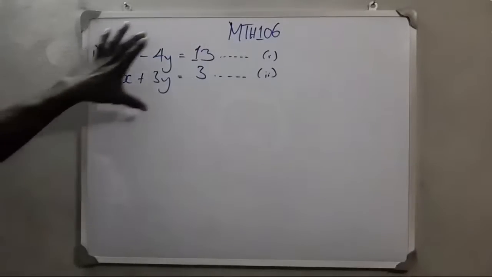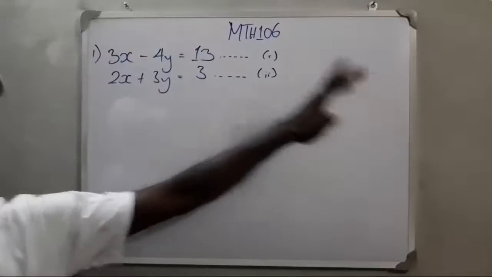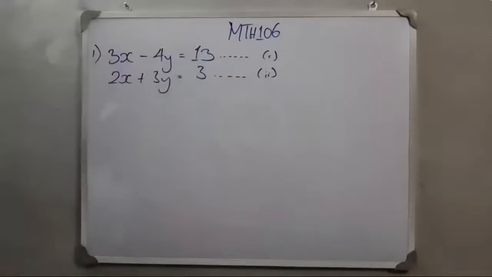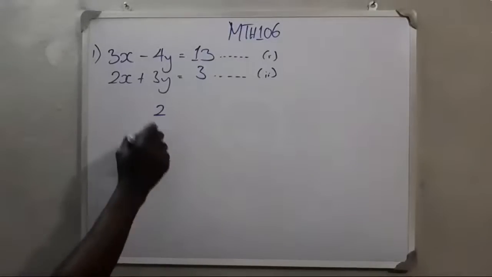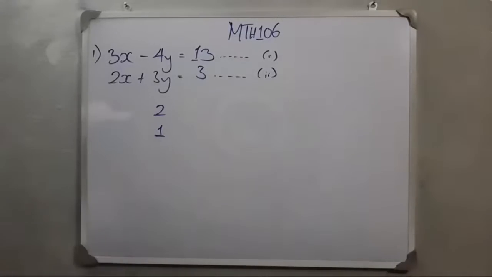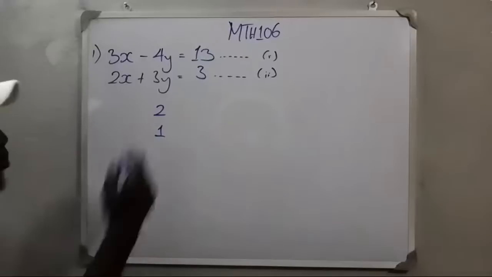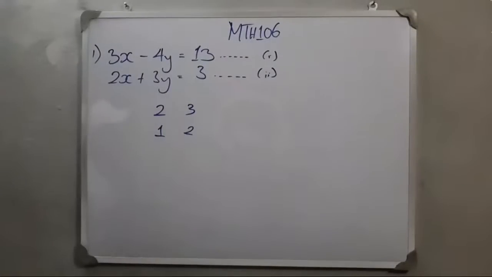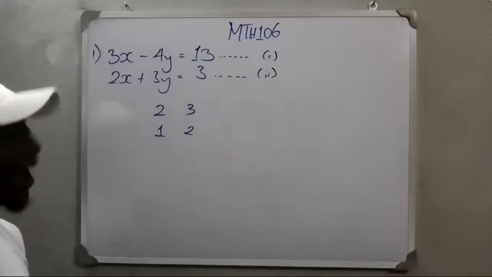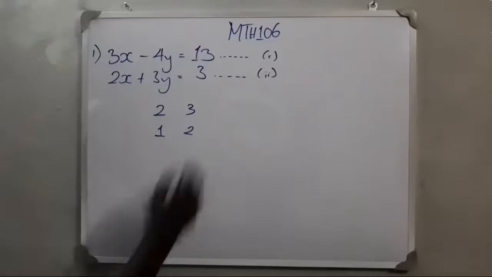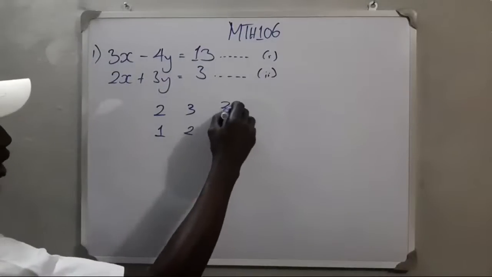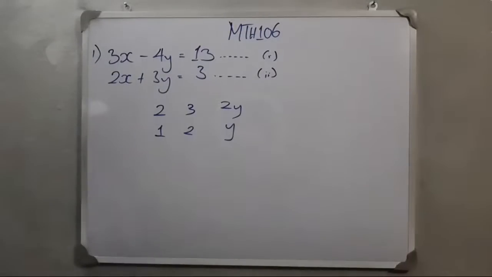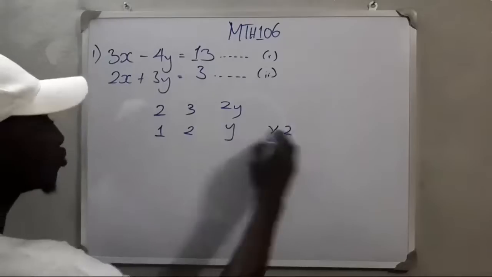You must have observed by now that in most questions y comes in either 2 or 1, or maybe 3 or 2. Most times, if we have 2y and we have y, we just multiply equation 2 by 2.